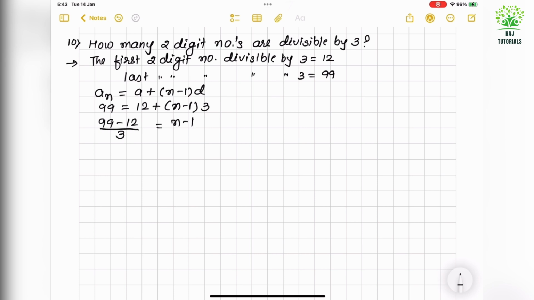So 87 upon 3: 29 threes are 87. So 29 plus 1 equals n. So n will be 30.